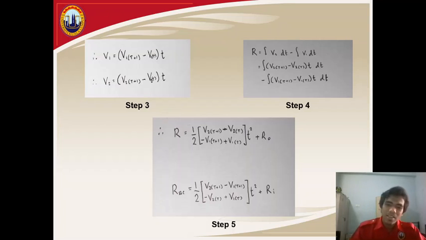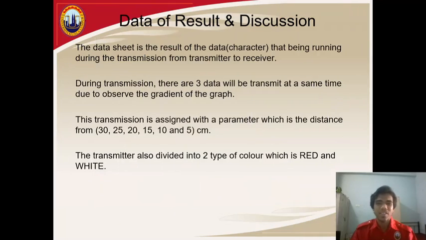And this is our final equation that can be applied in the Arduino. So we need to do some logic lines to make this equation clear to the Arduino, and we get the best output as I want. So let's take all the equations. Next, data of result and discussion.